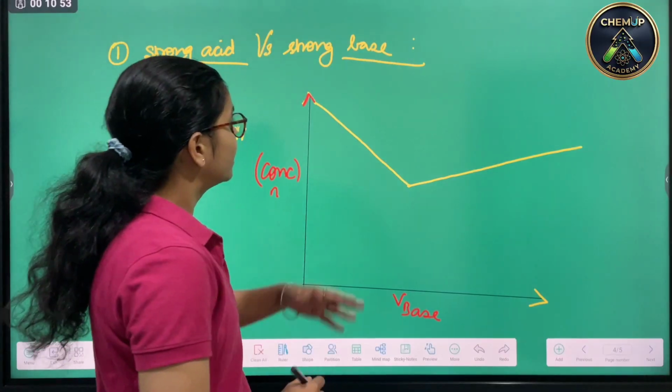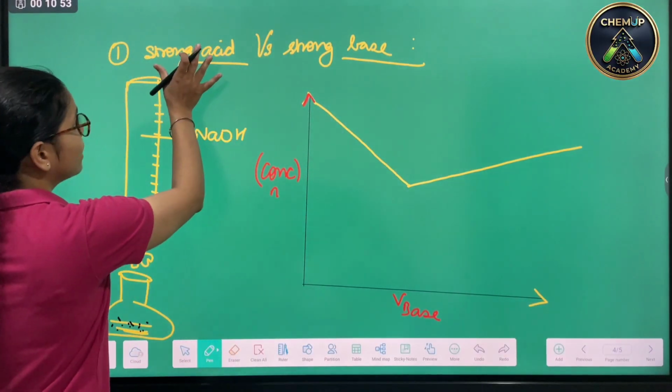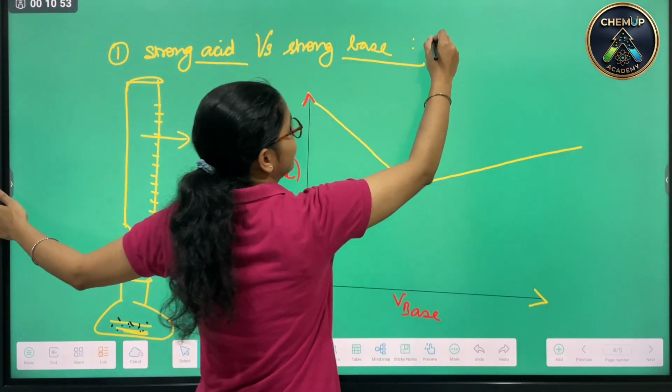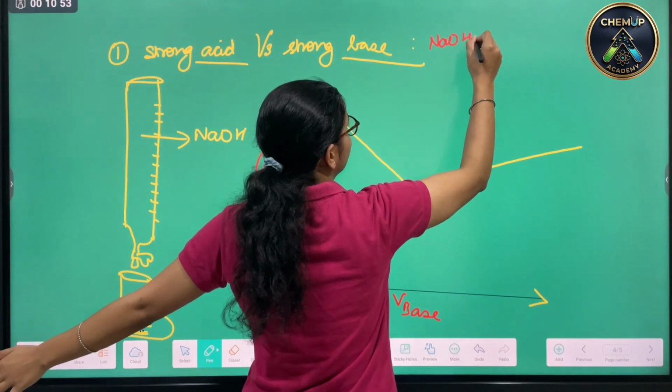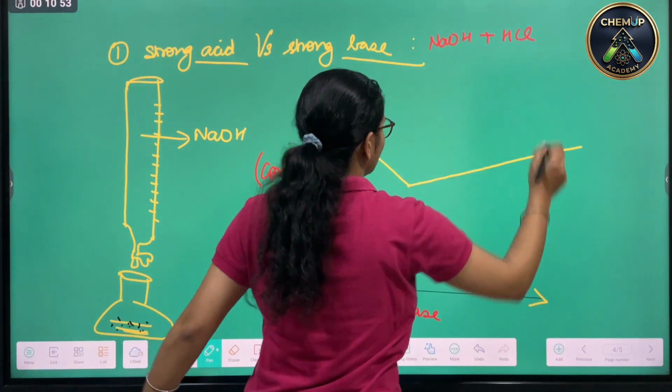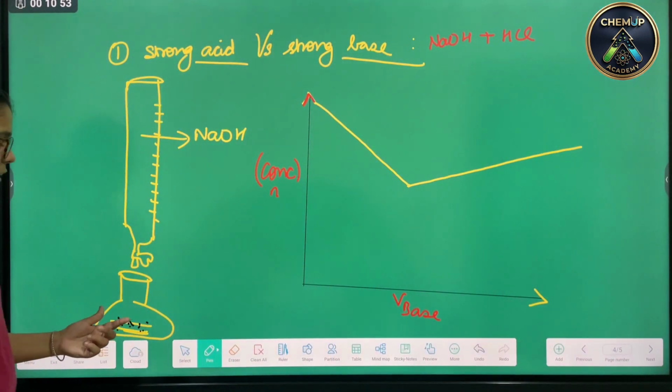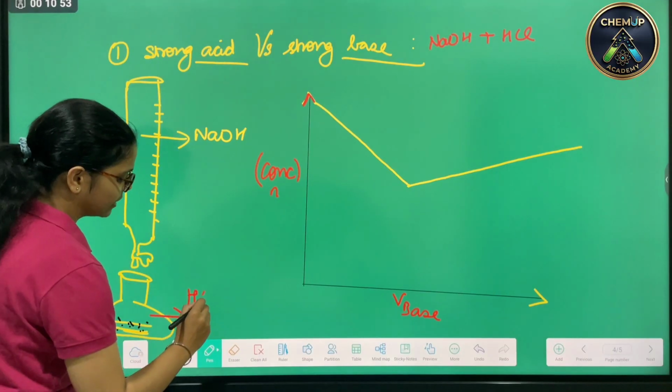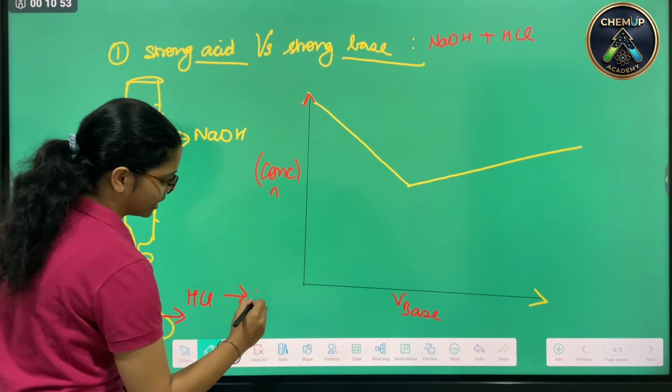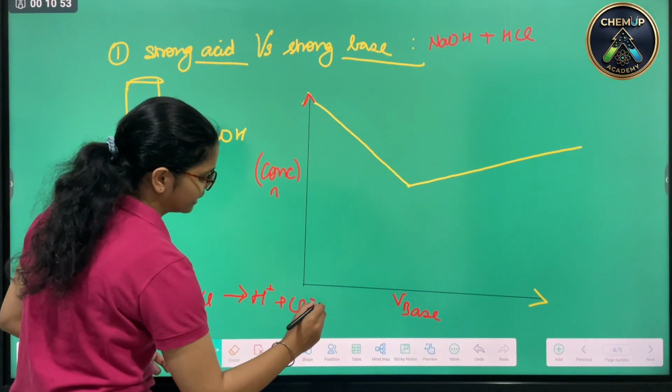Now what is happening? Say a strong acid and strong base, the case becomes like NaOH we are taking along with HCl. So in the conical flask, we only have HCl, which completely dissociates as H positive and Cl negative.